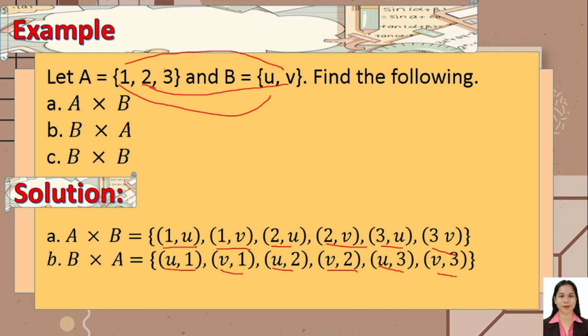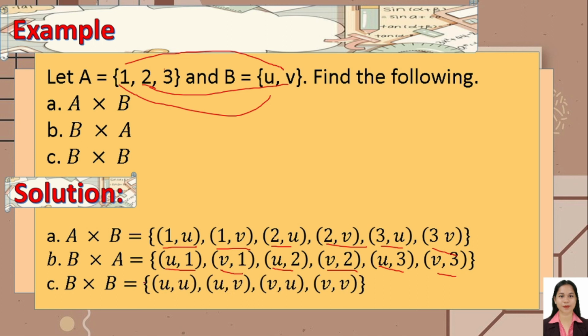Okay? Next is B cross B. So, B cross B, so, yung sarili niya, themselves. So, kumbaga, cross themselves.